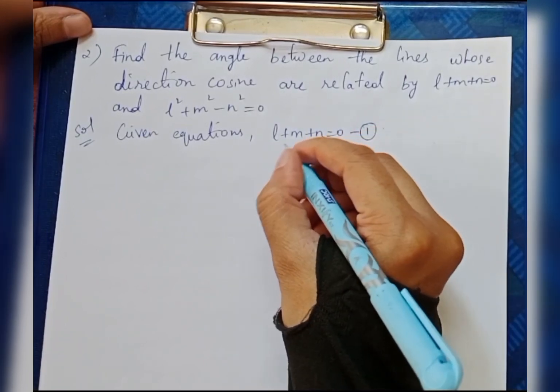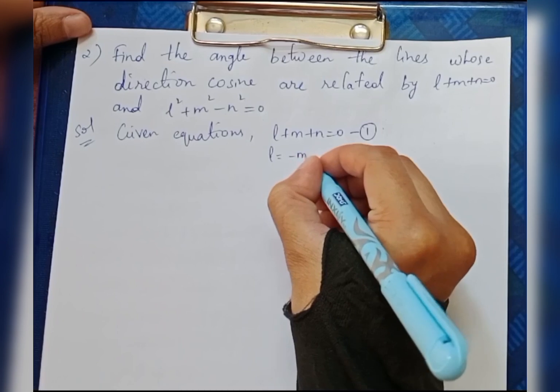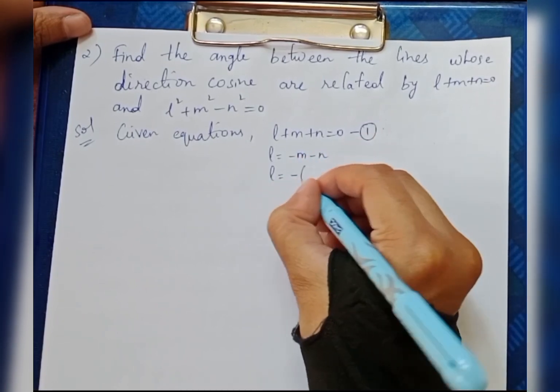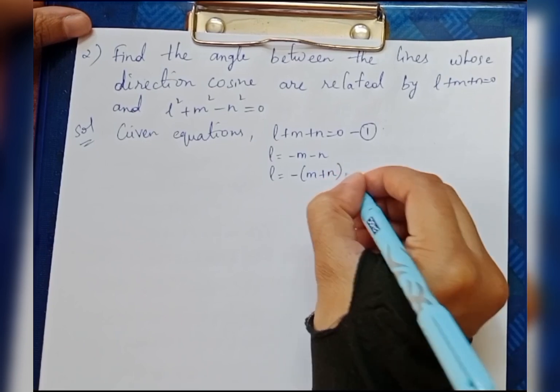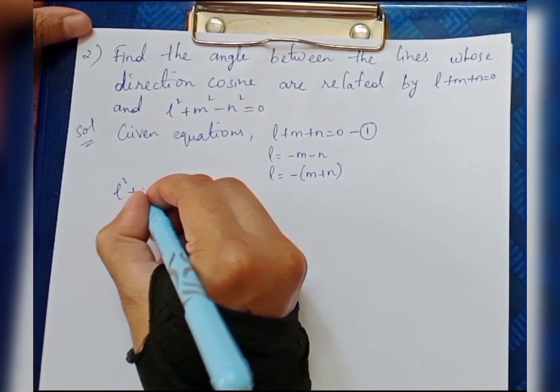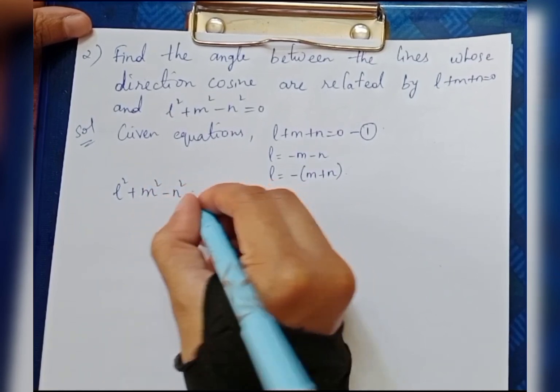From here get the value of l. So l is equal to minus m minus n, taking negative common, l equals minus (m plus n). And equation 2 is l square plus m square minus n square equal to 0.